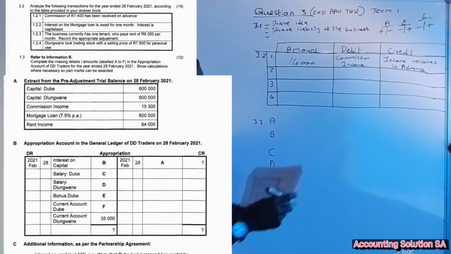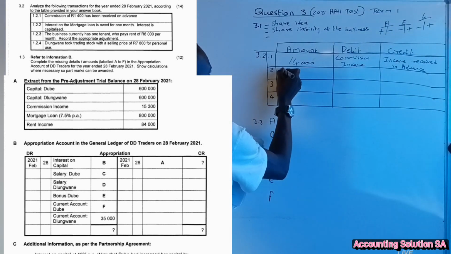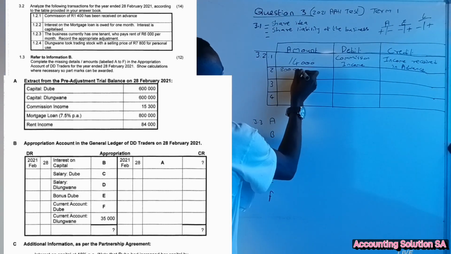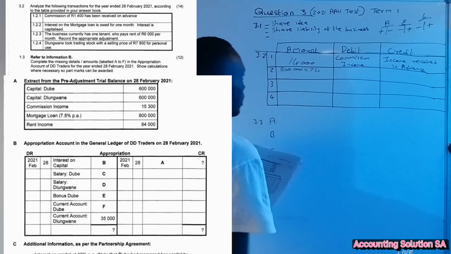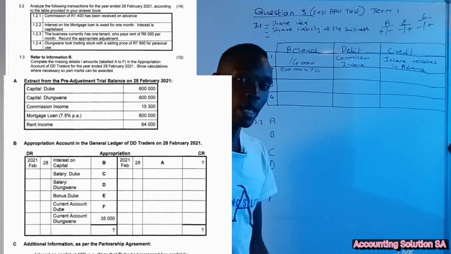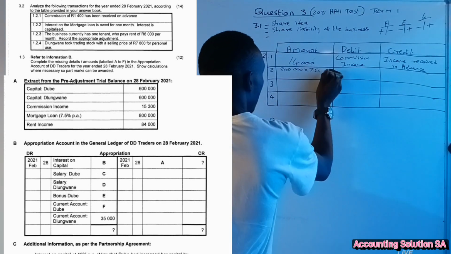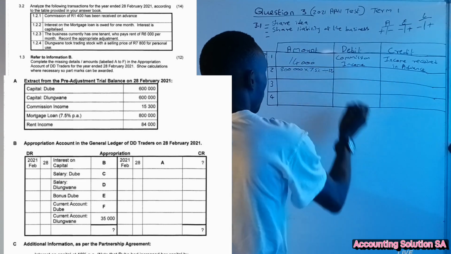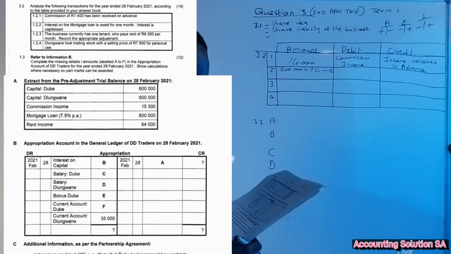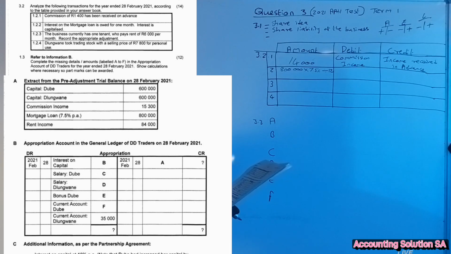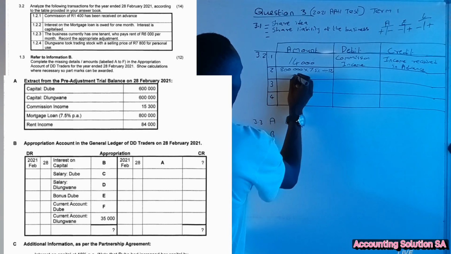Okay, which means that for this one, of course, we have to do this calculation. 800,000 multiplied by 7.5% is gonna give us interest per year, and after that we have to divide by 12 so that we can see it's gonna be how much per month. Okay, so if you do this calculation, you're going to get amount of 5,000.